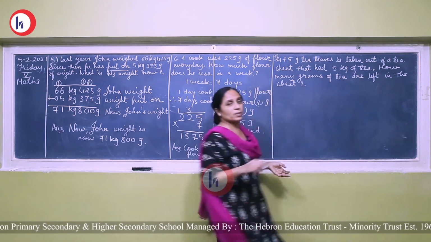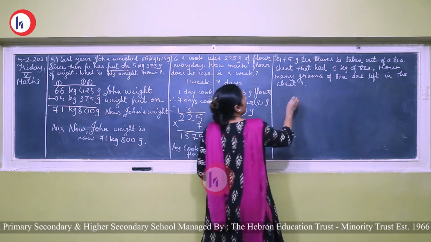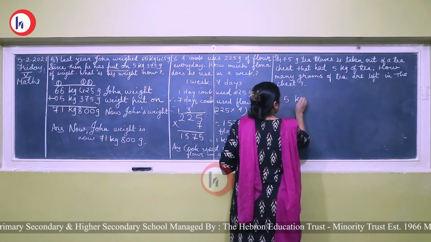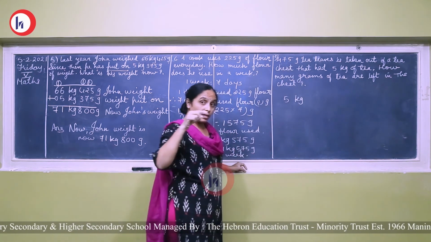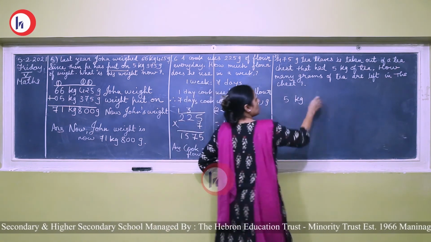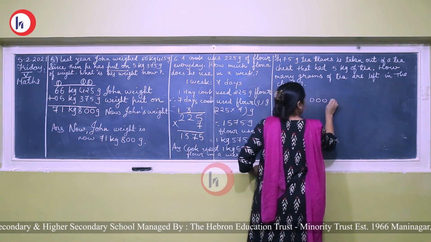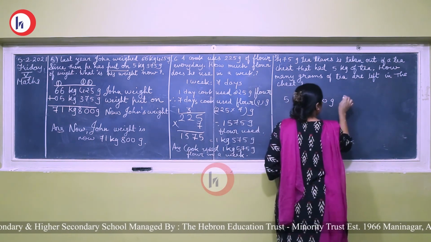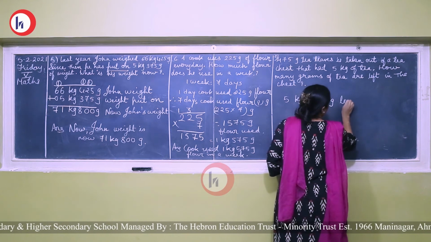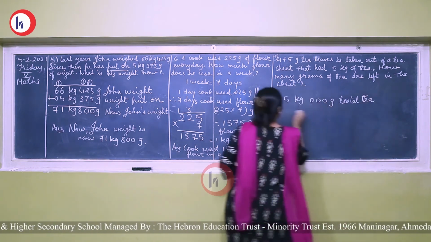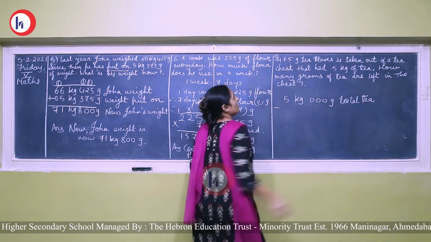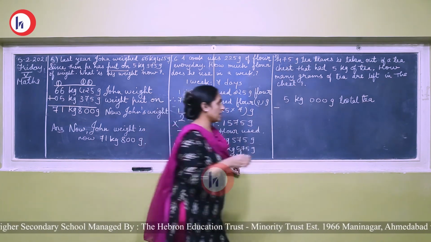So here we will do the subtraction sum. 5 kilogram, here 475 gram tea leaves taken out. Here gram is not mentioned, so we have to write 000 gram total tea, minus 475 gram tea leaves taken out.